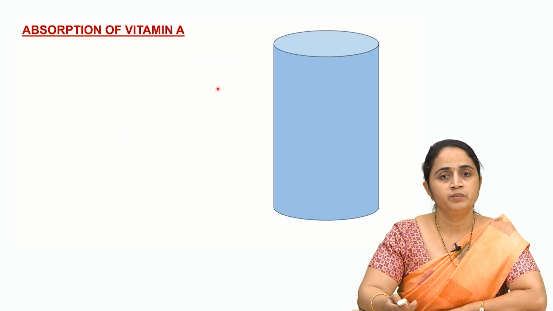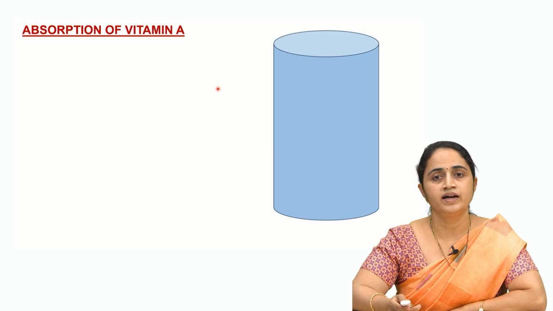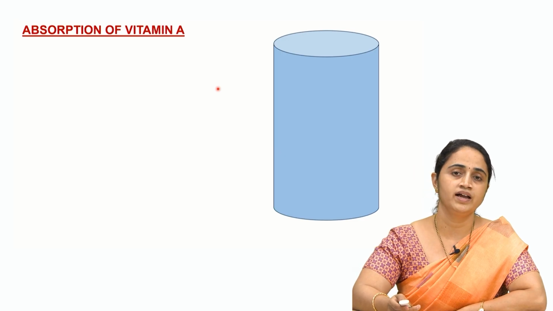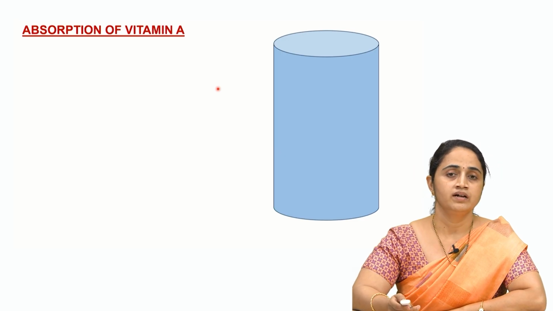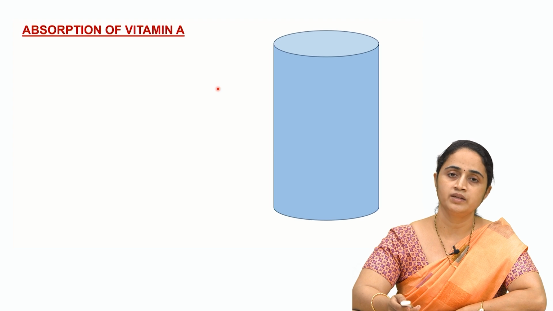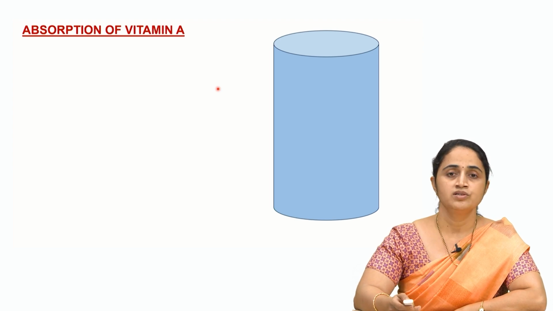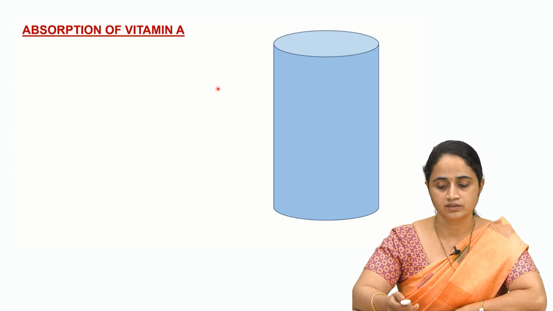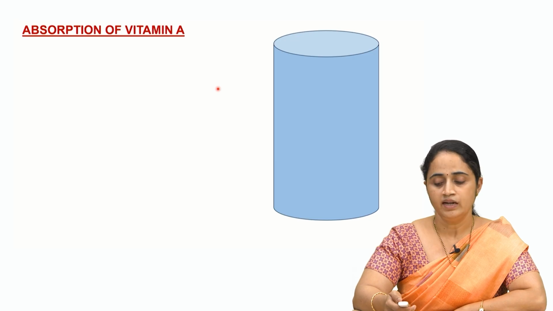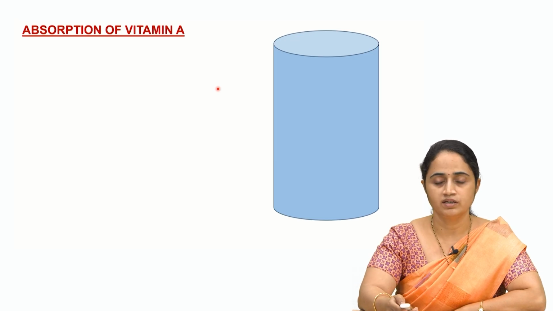So, how can this vitamin A be absorbed? See, our diet has rich sources, or we have vitamin A richly found in either the animal sources or the plant sources. So, when we consume those compounds rich in vitamin A, they are absorbed from the intestine.